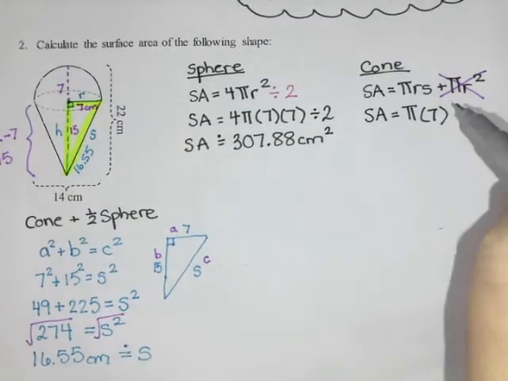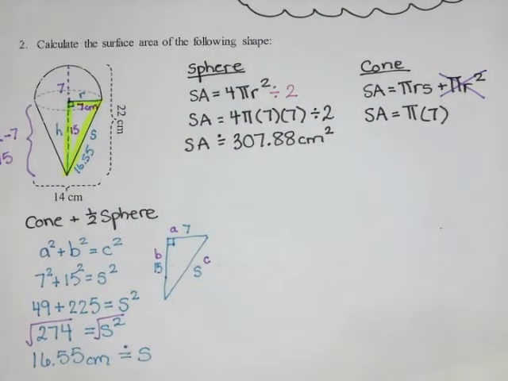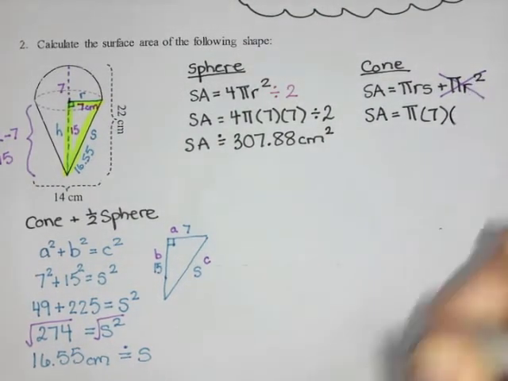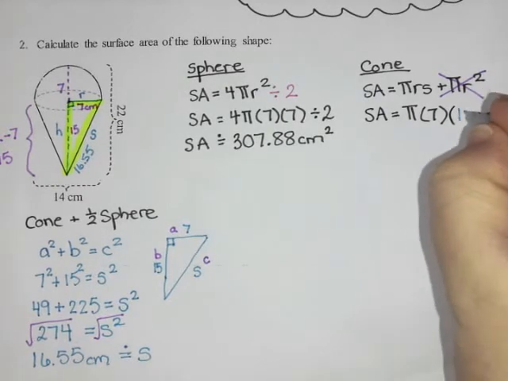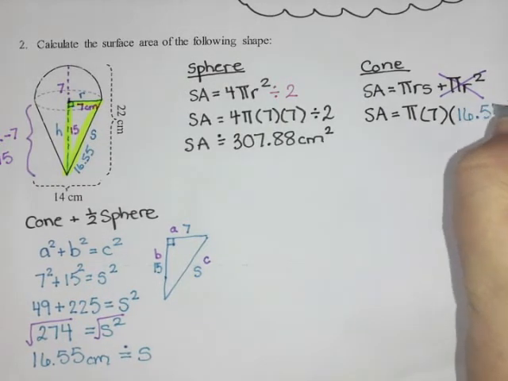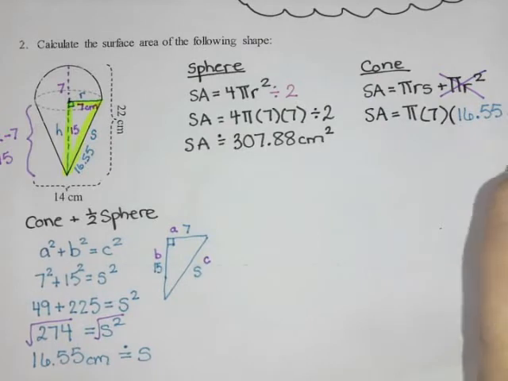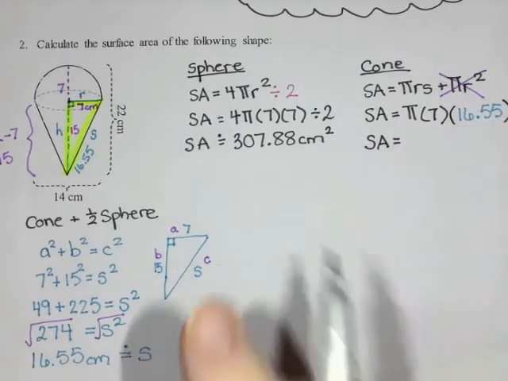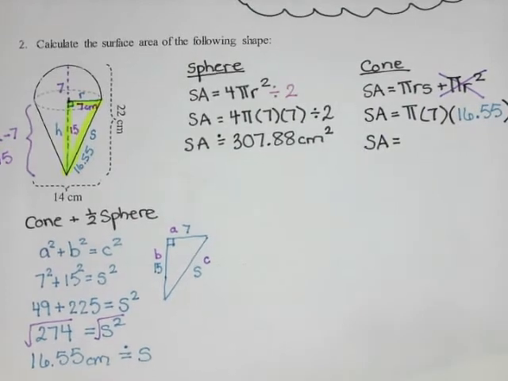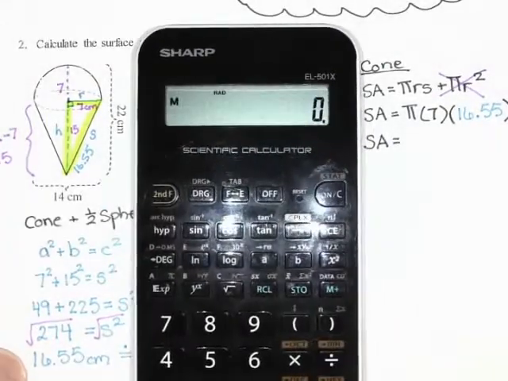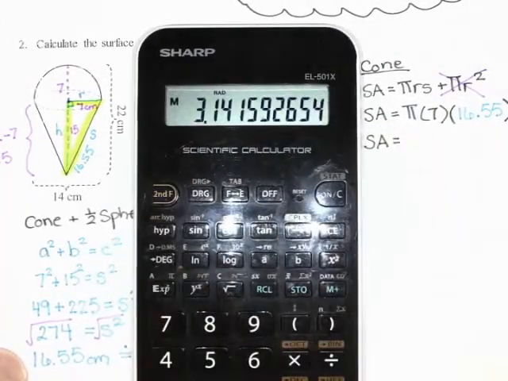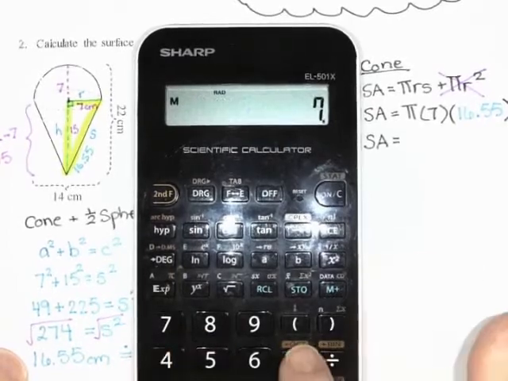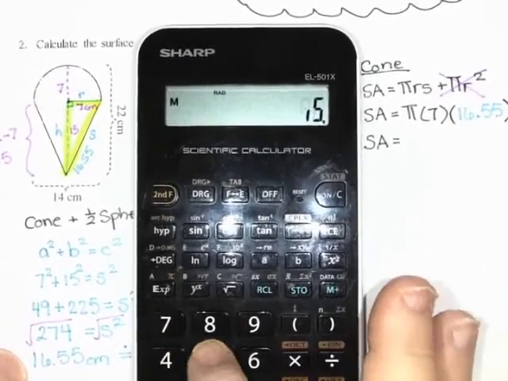Which means I can now put that into my surface area calculation. This is 16.55. Now, you would get a more accurate final answer if you left all of the decimal places instead of just using 16.55, but I'm going to use the rounded number for now. So I'm going to do pi, I'm using my pi button, times 7 times 16.55.